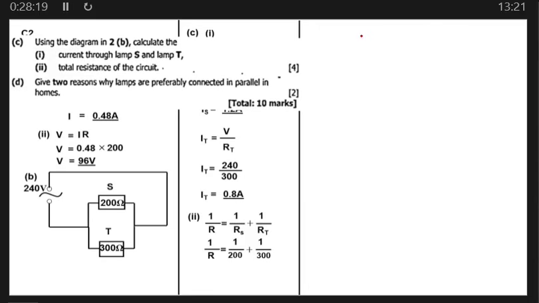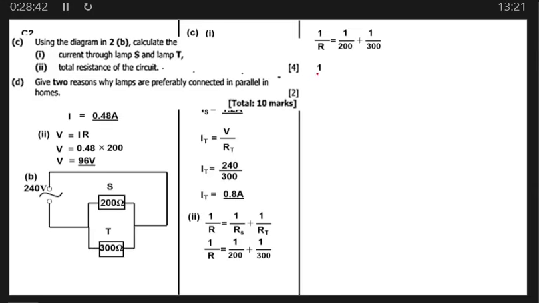So we are going to say 1 over R is equal to 1 over 200 plus 1 over 300. Here we'll look for a common denominator in which 200 and 300 can go. So these are fractions, and now we'll add them mathematically.